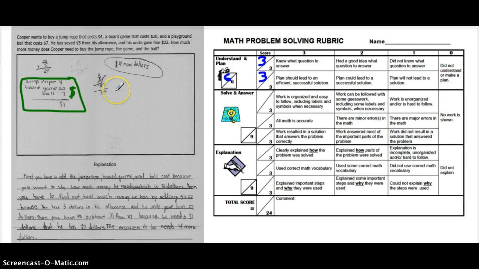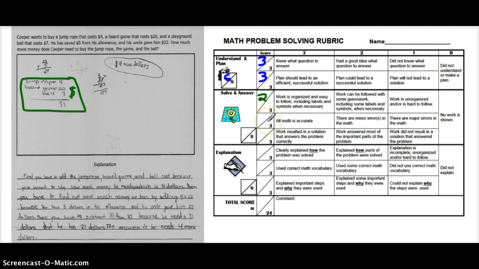Here, same thing. Now, I can assume that they know what they're talking about, but it's always best to include all of this. So I would probably give them a 2 on this, because there is some guesswork about what this is and what that is. Because I know the problem and I know the student, I know that they knew what they were doing, but it would be a 2.